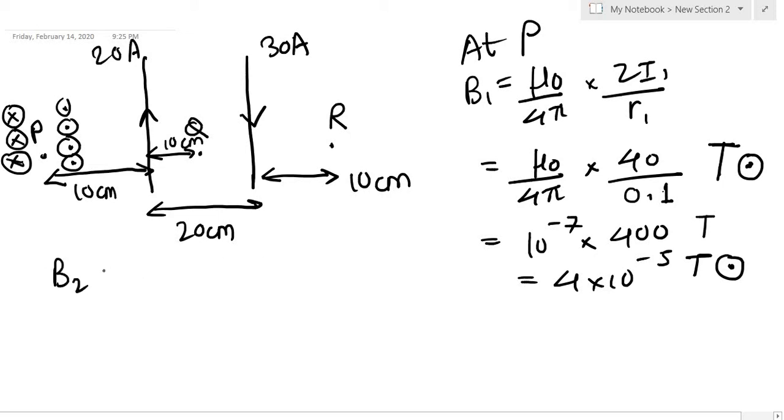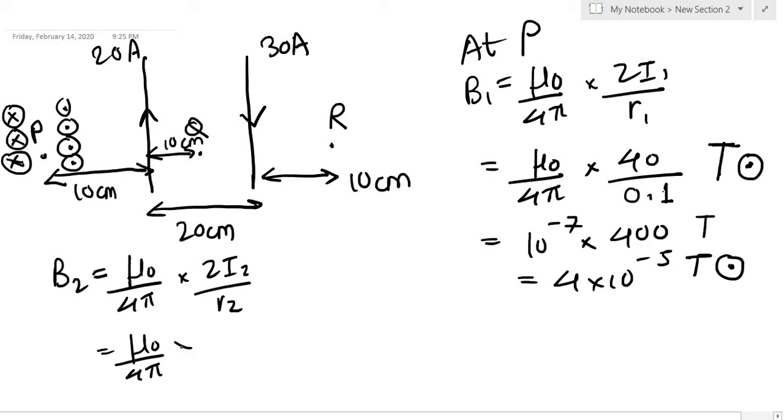Now you can just find V2. V2 is going to be mu naught by 4 pi into I2 by R2. This is mu naught by 4 pi. 2 into 30 is 60.